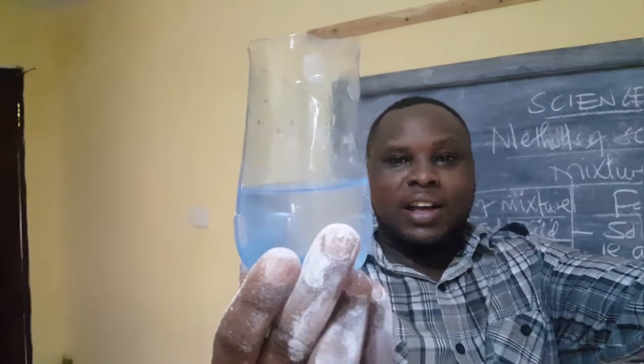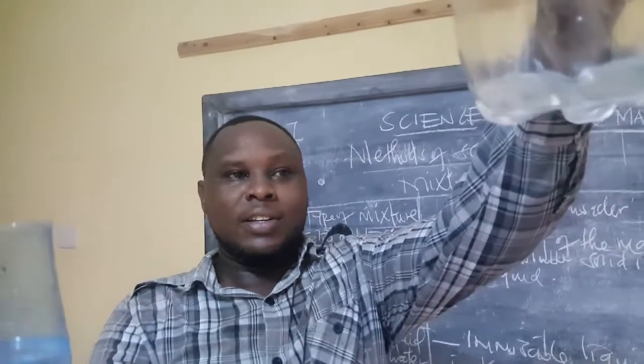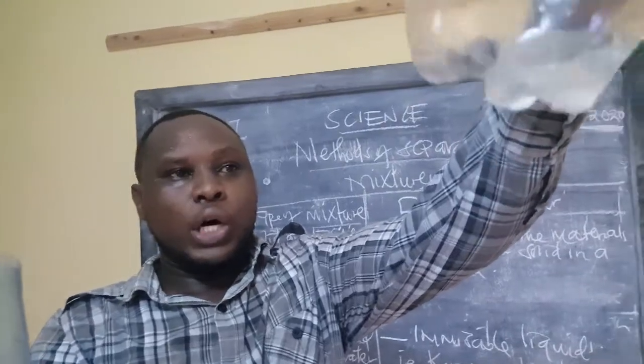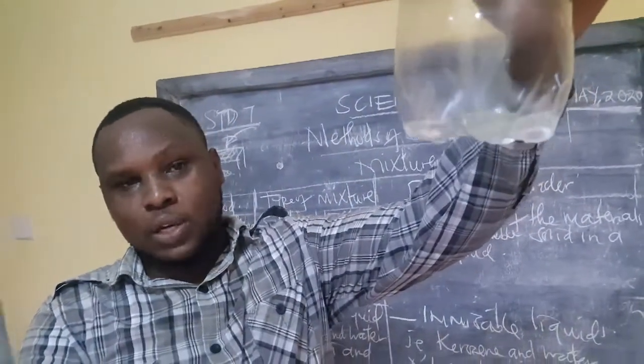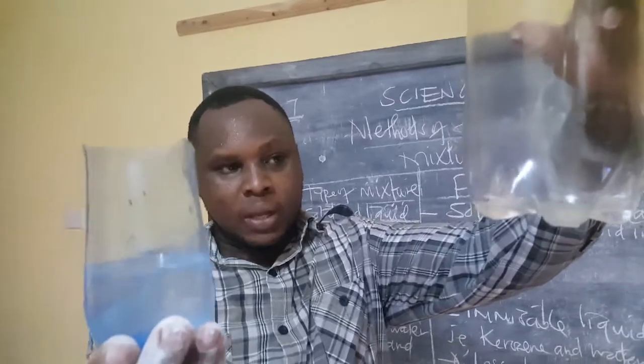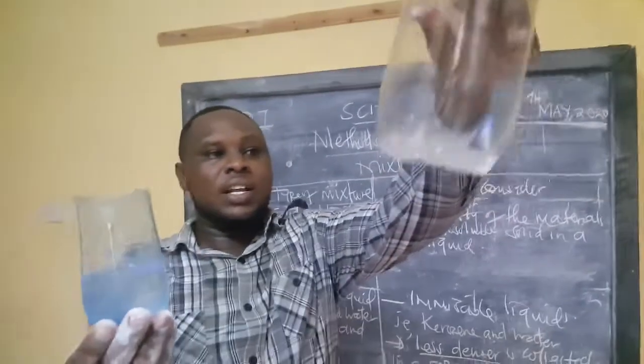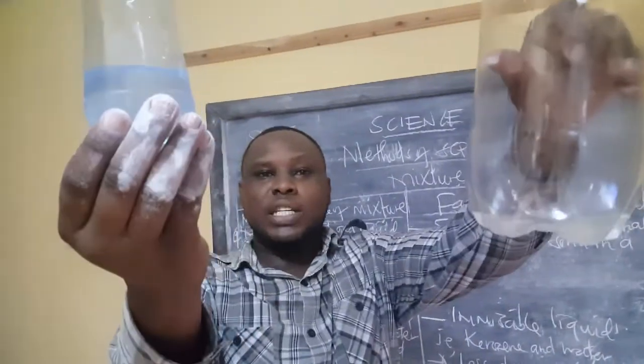I want you to see, Lana, that we don't have another layer here. You can be able to see clearly that this is water, this is kerosene. Though the kerosene might have some traces of water, because this is not a surest way of separating immiscible liquids. But at least you can get the kerosene on one side, you have water on the other side.